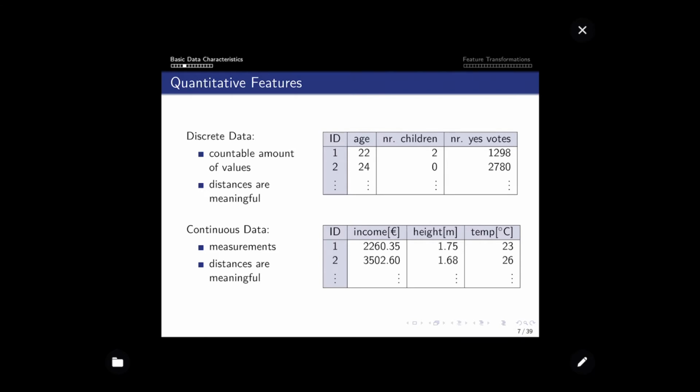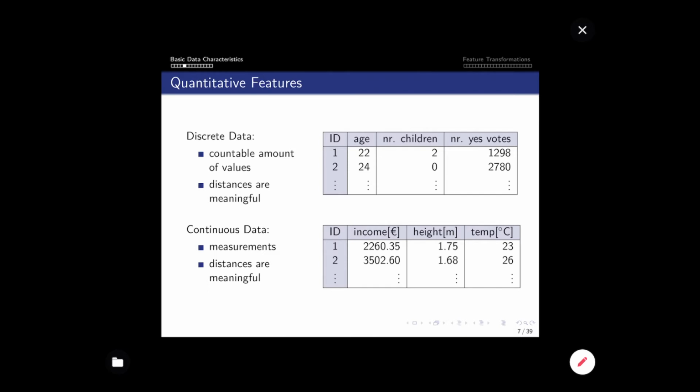And the second category of features are the quantitative features, and there we have either discrete data or continuous data. Discrete data means that you have some kind of countable amount of values, and here the distances are meaningful.